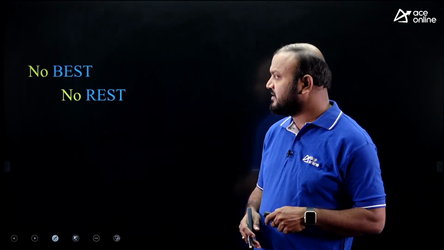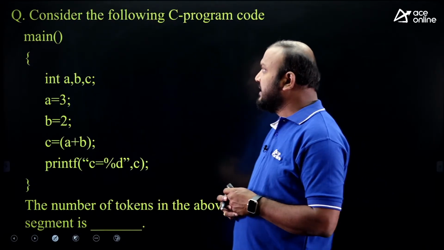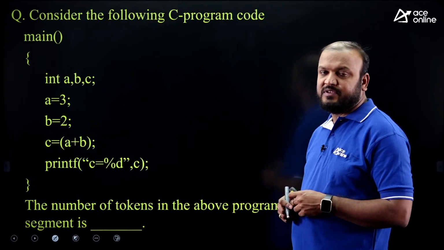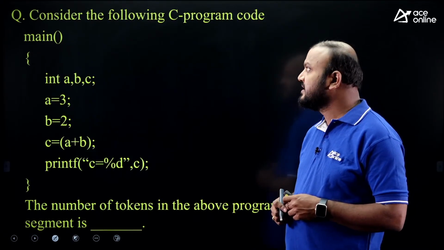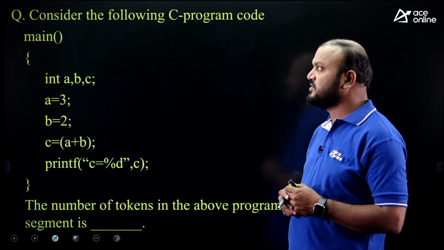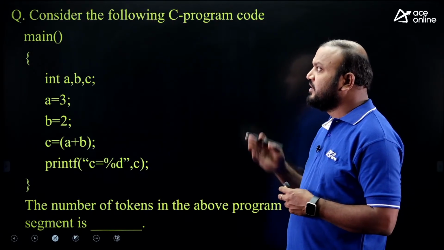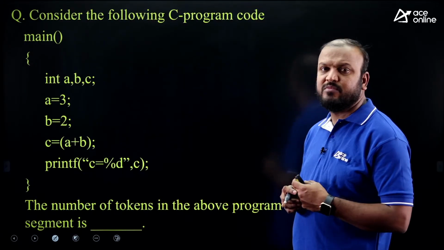So we'll start with the first chapter, lexical analysis. In this chapter you get questions where they give a program snippet and ask how many tokens are in the program. Consider the following C program code.